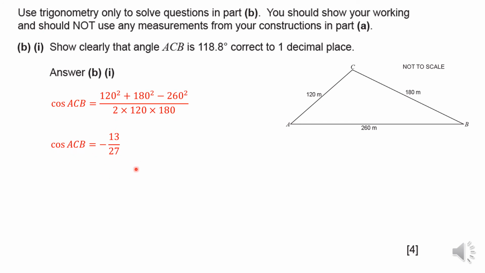So you get a negative cosine, telling us that this angle has to be an obtuse angle. All right, so finding the inverse cos, use your calculator. And obviously when you use your calculator, please make sure that your calculator is in degree mode. There should be a DEG displayed on your calculator, or a D depending on the type of calculator you have.